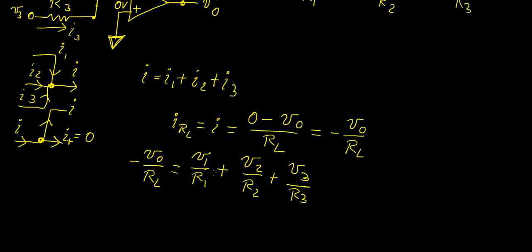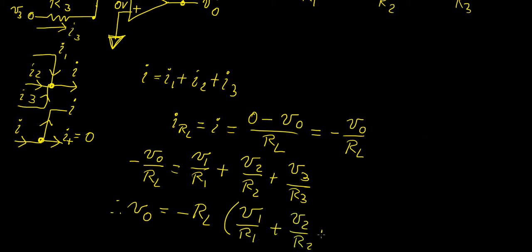Okay. And then the last thing is, we're just going to have V0, and this is going to be our expression in terms of the input voltages, and that's going to be equal to minus RL times V1 over R1 plus V2 over R2 plus V3 over R3.